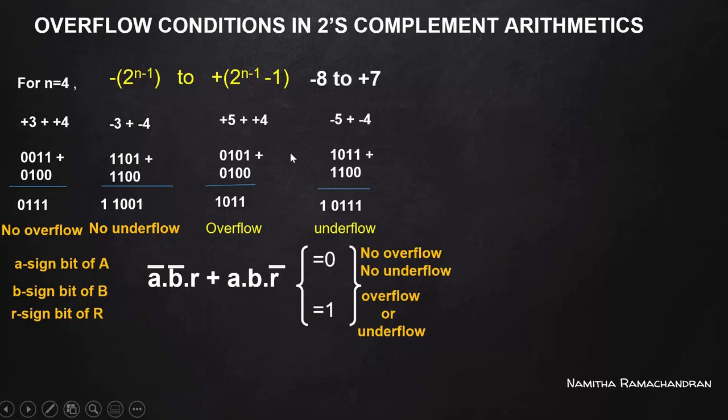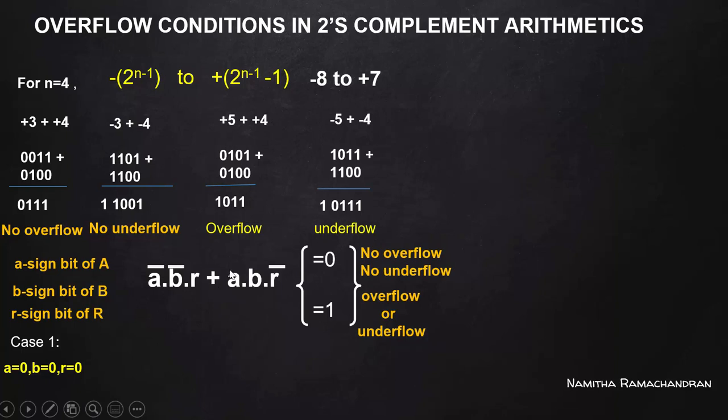Based on these examples, here the sign bit of A is 0, the sign bit of B, the second subtractant, is again 0, with the sum value having sign equal to 0, that is r equal to 0.